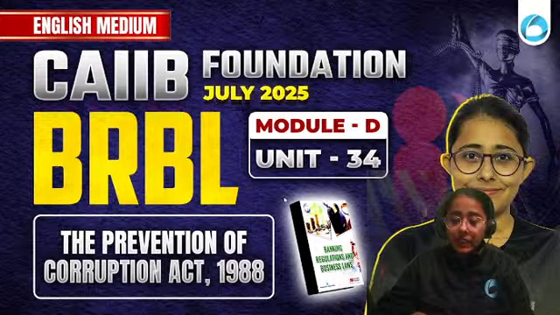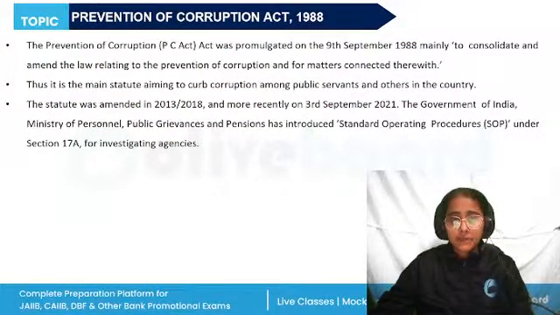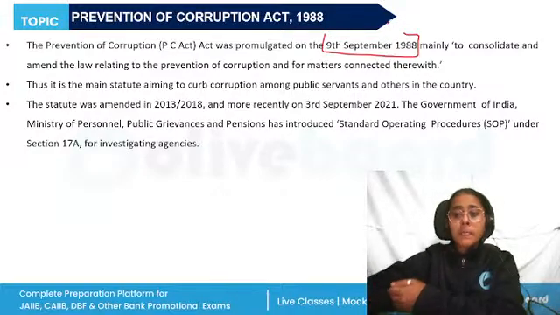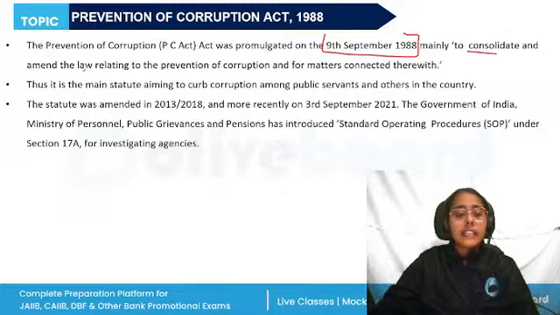So let us start by understanding the Prevention of Corruption Act of 1988. This act, which is also in short known as the PC Act, was promulgated on 9th September 1988 and, as the name suggests, mainly to consolidate and amend the law relating to the prevention of corruption, right?